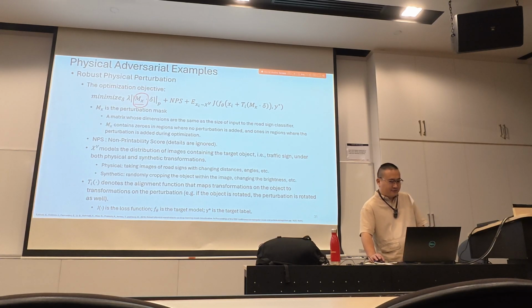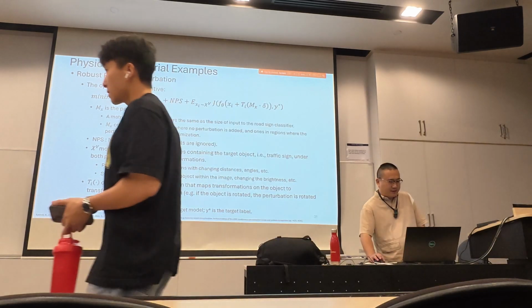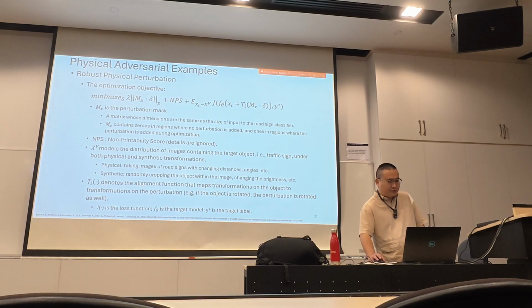The reason is that if we forget the mask here, what we do is that we just minimize the LP norm of the perturbation only, just like we are doing with the PGD attack. If we multiply it with the mask, then we only focus on the weighted perturbations.